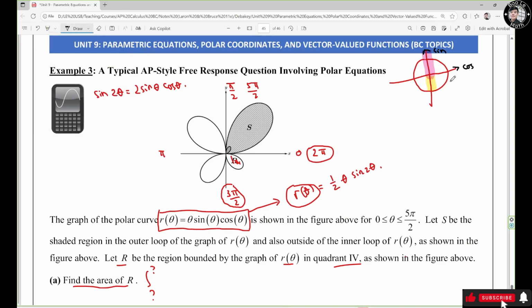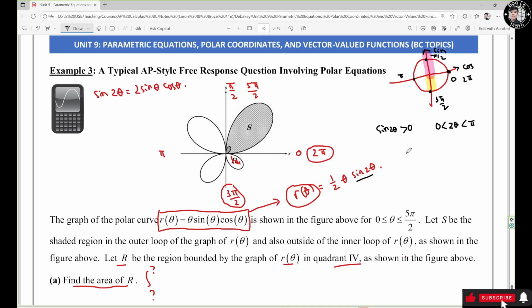And you know that this is 0, this is pi over 2, this is pi, and this is 3 pi over 2. And going back over here, it could be 2 pi, right? Now, sine 2 theta is positive for 2 theta from 0 to pi, so 0 less than 2 theta less than pi.